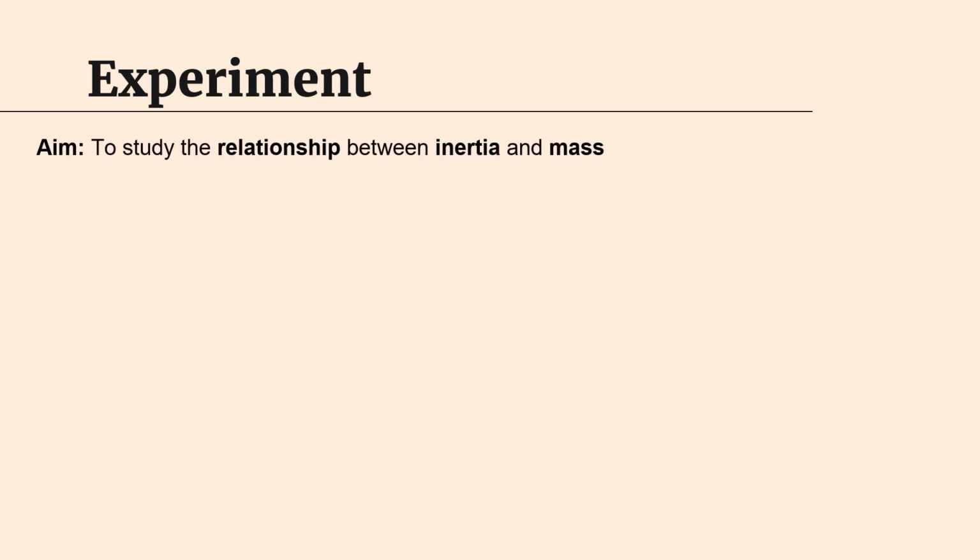Okay, now let's move on to the second learning outcome, which is carry out experiment to find a relationship between inertia and mass. The aim of this experiment is to study the relationship between inertia and mass.